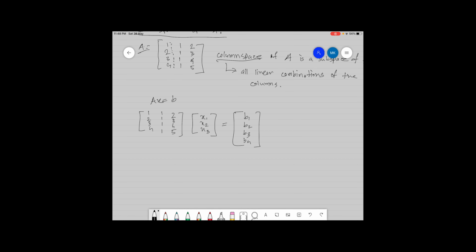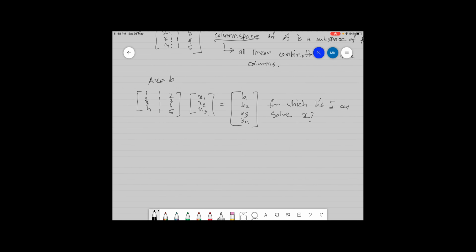So my question is, for which b's can I solve this x? This is my question.